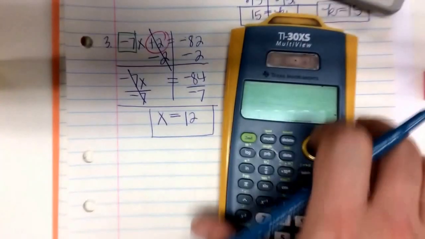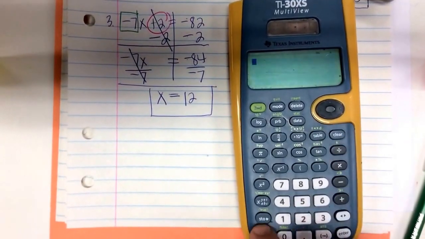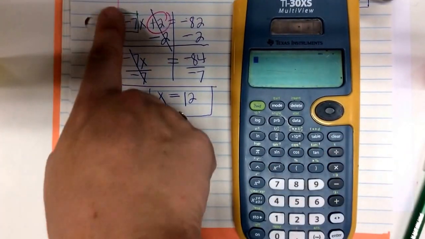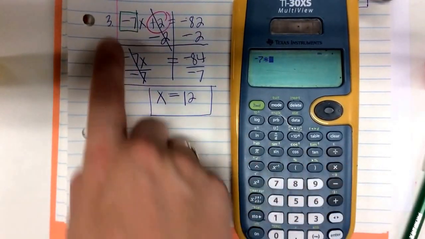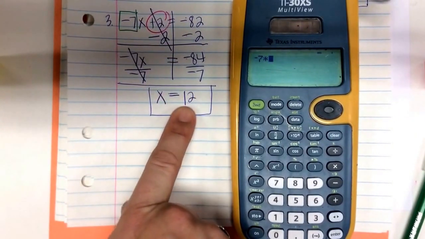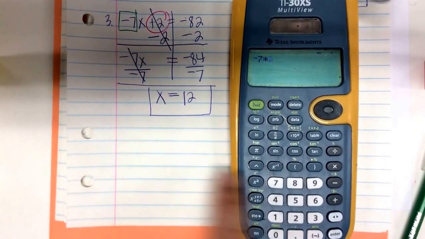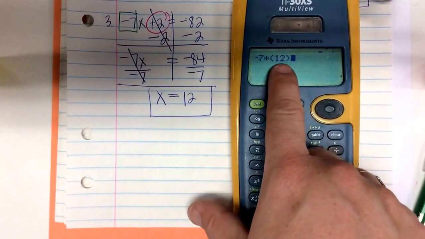If I wanted to check, if I said, I don't believe Jesus, what if he led me astray? I could check it. -7 times x. What's my x value? 12. I always like to put my numbers that I substitute inside parentheses.